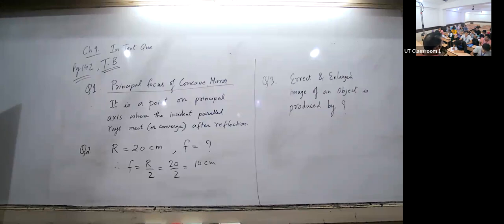So concave for mirrors, and on the lens side it is convex. The role reverses. Whatever types of images you got in a concave mirror, the same images you will get in a convex lens. That's very interesting. So the answer is the concave mirror.